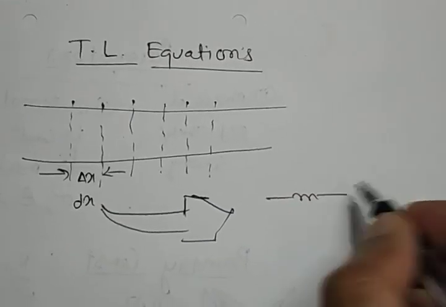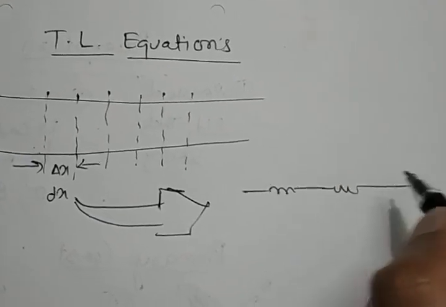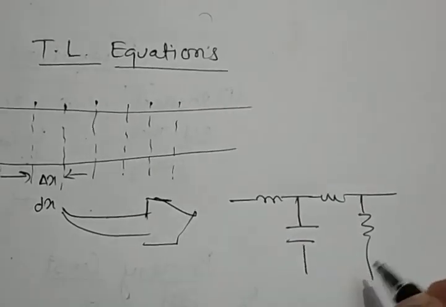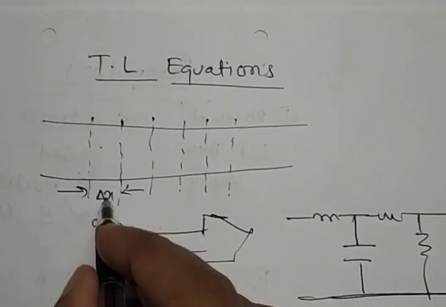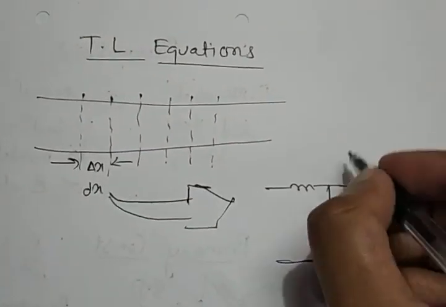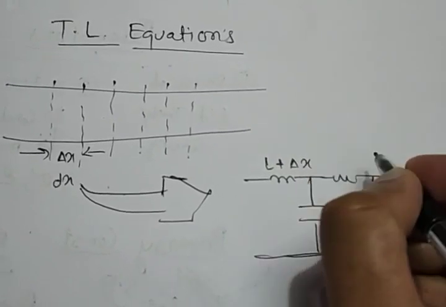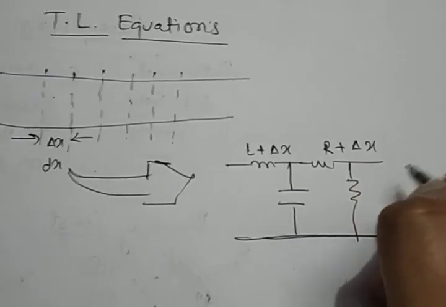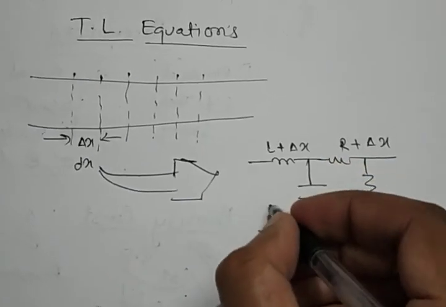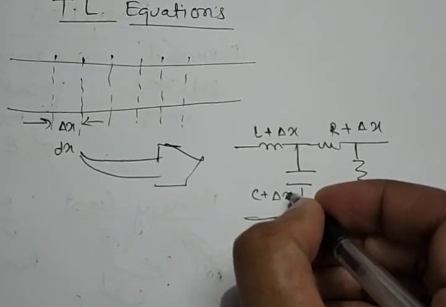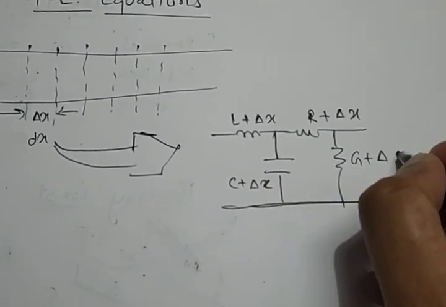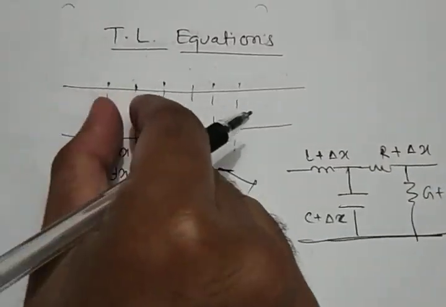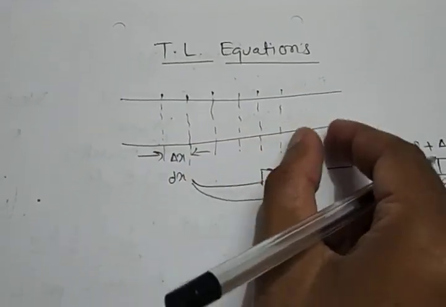We'll have L, R, C and G. So for the differential length, there will be L times delta x, R times delta x, C times delta x, and G times delta x. A similar setup will be present in each of the distributed elements.